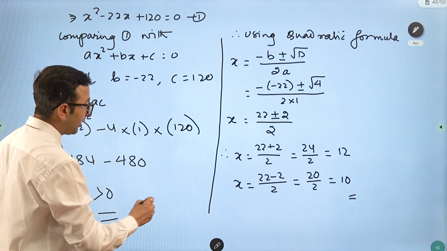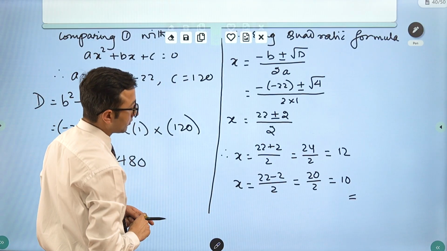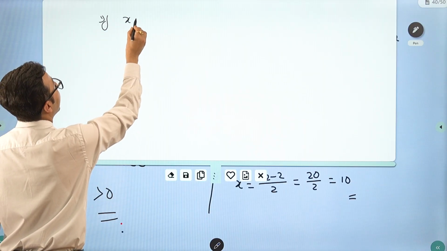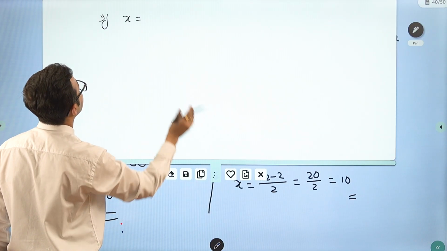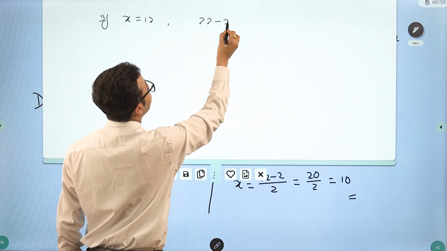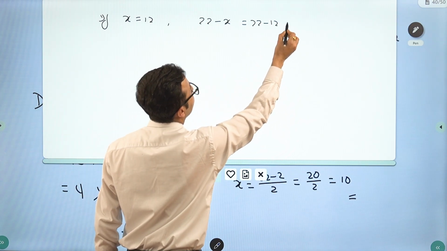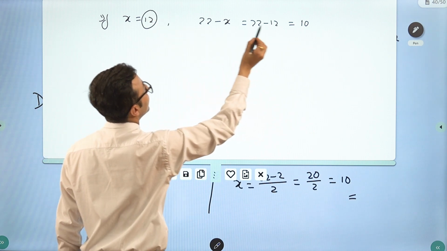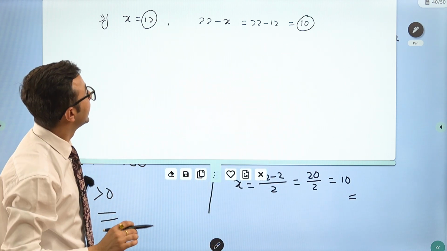But here, how to write the solution is, just do one thing. If you take x is 12, and the other number that we know is 22 minus x, which gives us 22 minus 12, which is equal to 10. So one set of the numbers is 12 and 10.